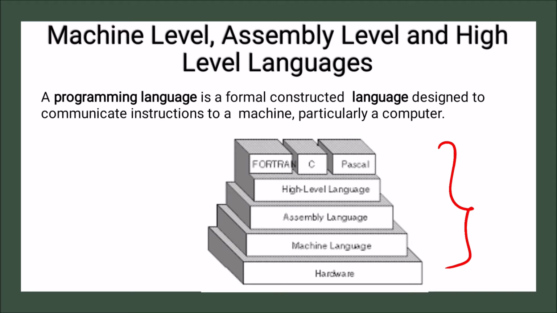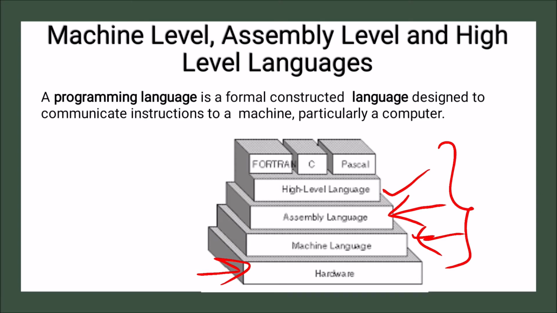Here it is basically hardware, so we cannot directly understand the language of hardware. For that, the particular language is called machine language. Then in between is assembly language, and uppermost is high level language. So let us discuss one by one.